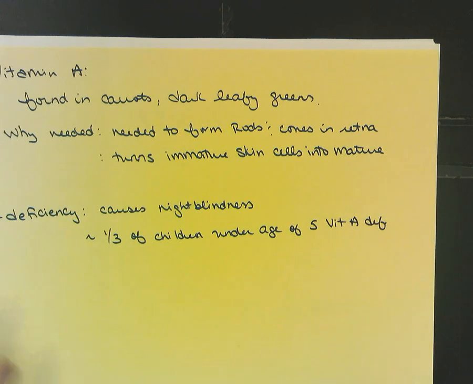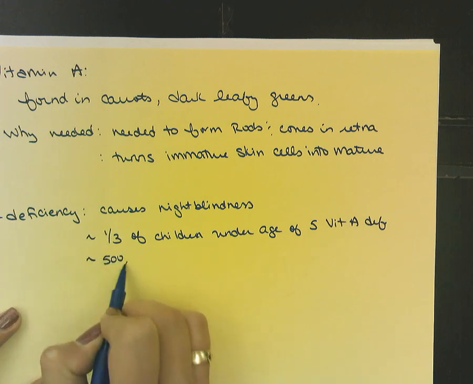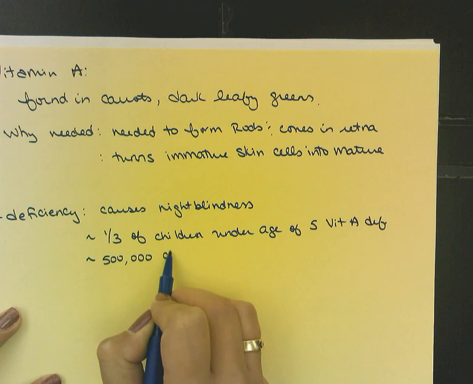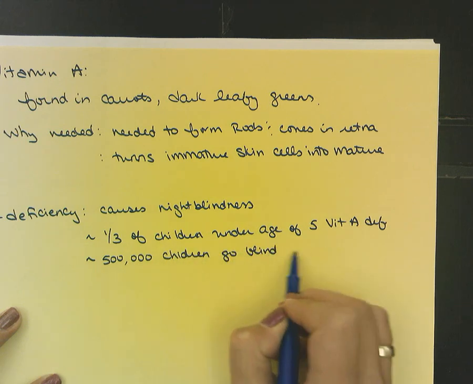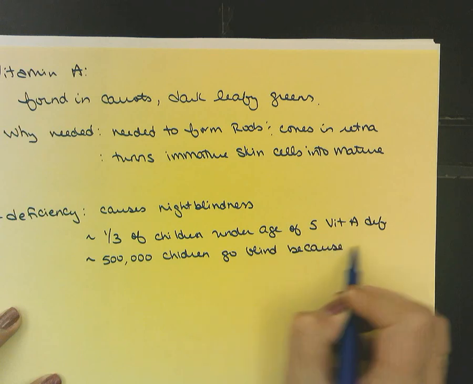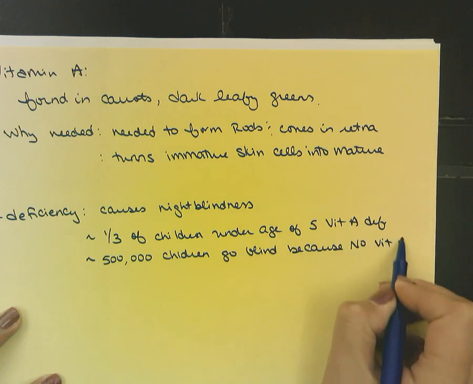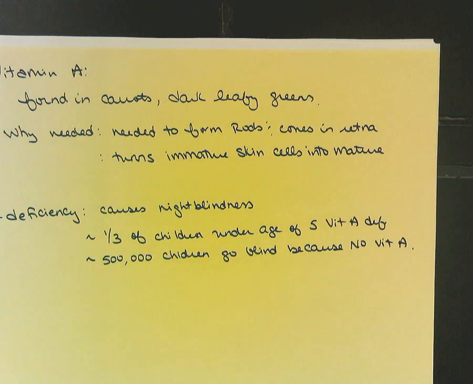Probably about 500,000 children each year go blind because they didn't get enough vitamin A in their diet. Obviously, there's going to be pockets of the world where this is more prevalent. Parts of the world that don't eat a lot of dark leafy greens, sweet potatoes, squash, whatnot. It's probably more Asia than anywhere else.